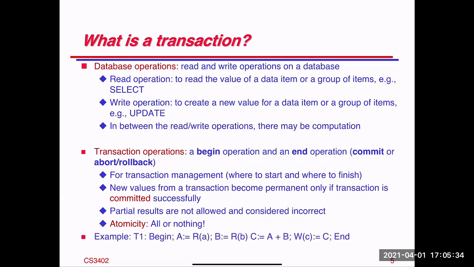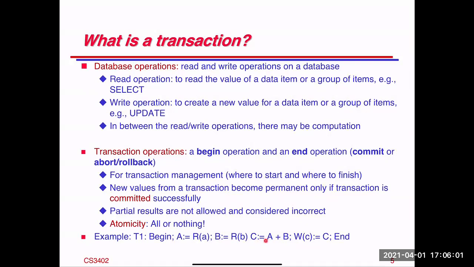And here's an example for a transaction. Let's call it T1. This begin here just denotes the start of the transaction. Then we write the result of a read of some data item A into the variable capital A. Similarly, we read some item B from our database. That's what the R stands for. And we write the result into the capital B variable.